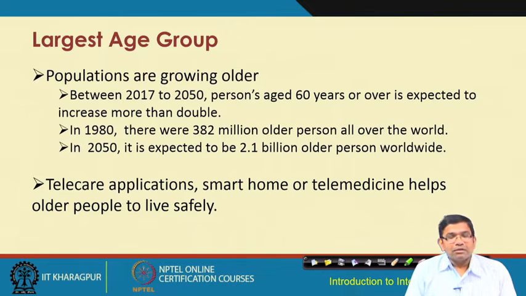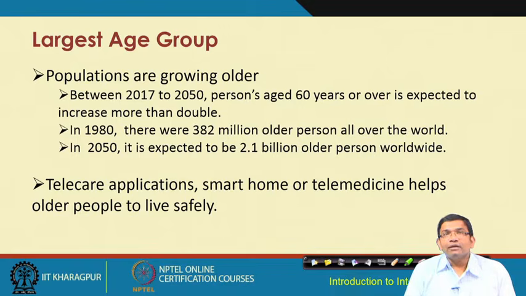Looking at the age groups, populations are growing older. Between 2017 and 2050, the number of persons aged 60 years or over is expected to more than double. In 1980, there were 382 million elderly persons all over the world.